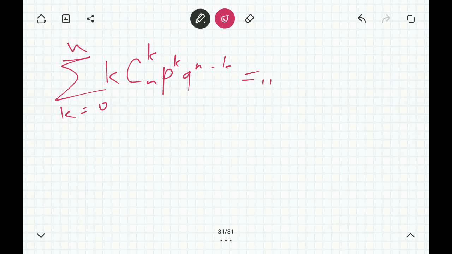You have to perform all the intermediate steps, and in the end you will get your result, and it will just be n times p.